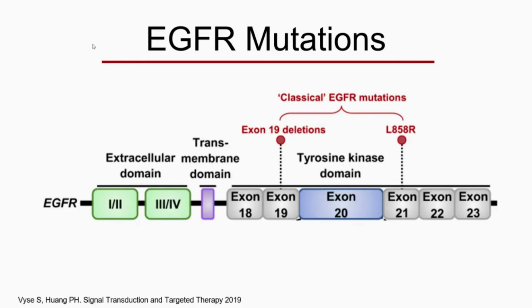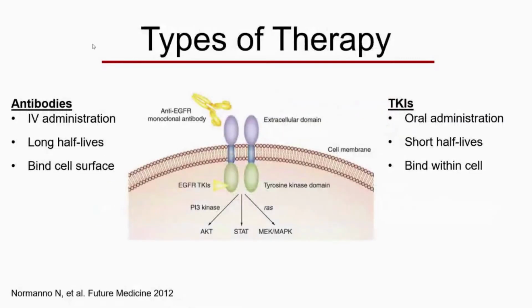So if we go to the next slide, I want to distinguish the two types of therapies that we're going to be talking about. On the right, I've listed TKIs, tyrosine kinase inhibitors. These are oral agents. We've talked about first, second, third generations. These have short half-lives, so they don't stay in the body very long, typically hours to days. And the way they block EGFR is from the inside.